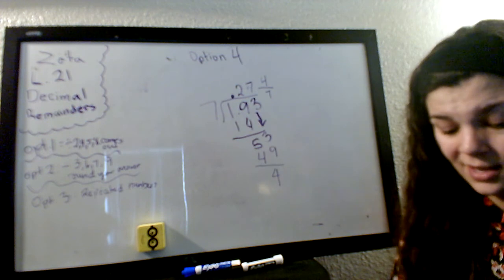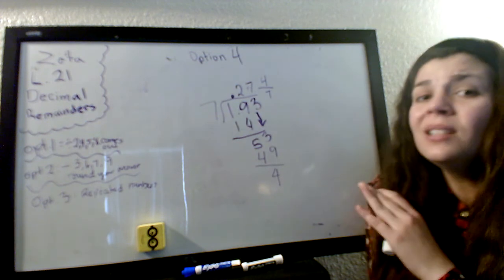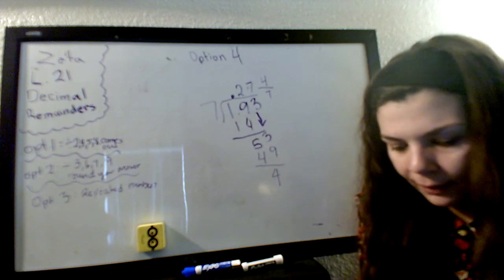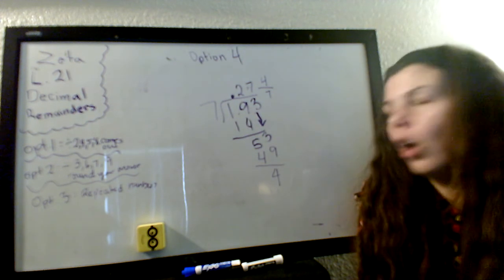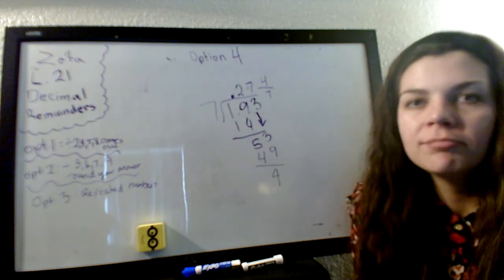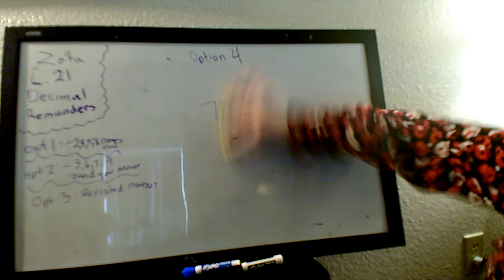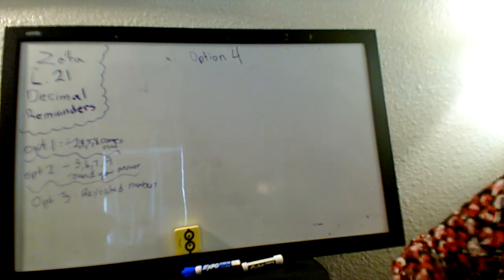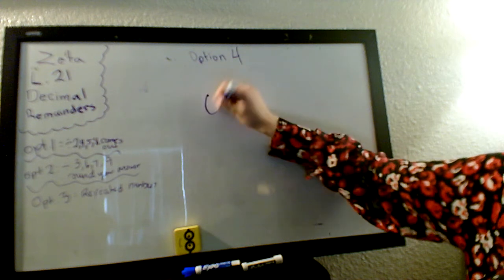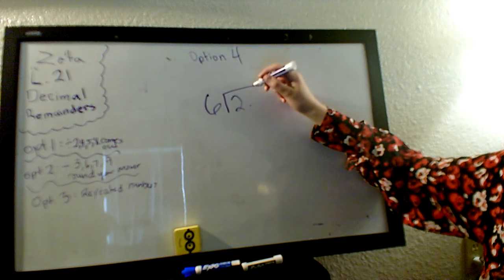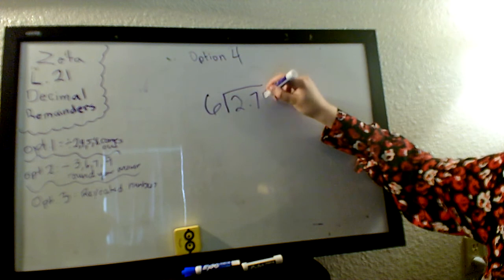So, like I said, the reason for this is kind of a different thing. We don't use this all the time, but we can try it out. Let's do another one. Okay, let's do 6 into 2.75.